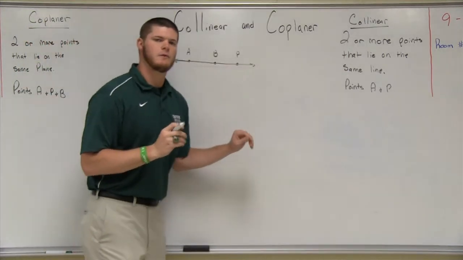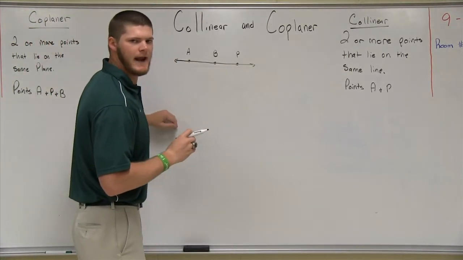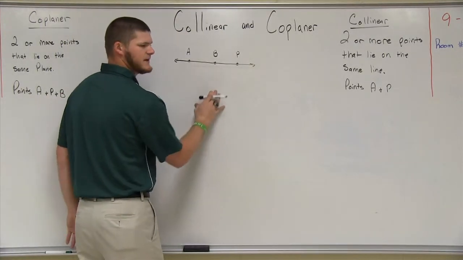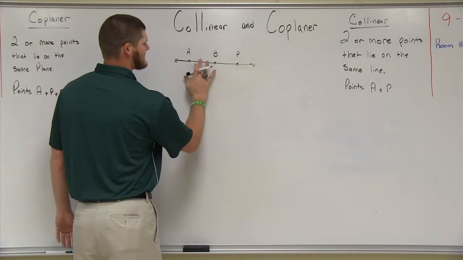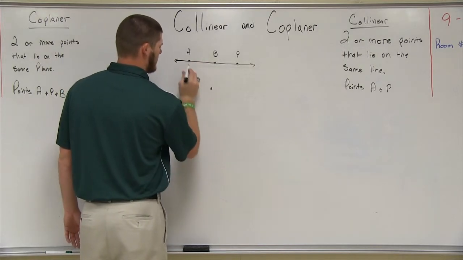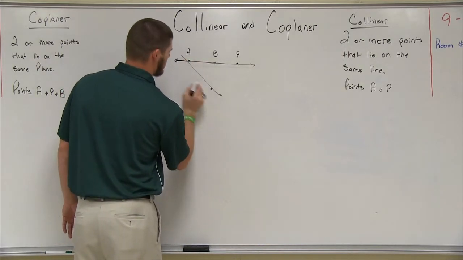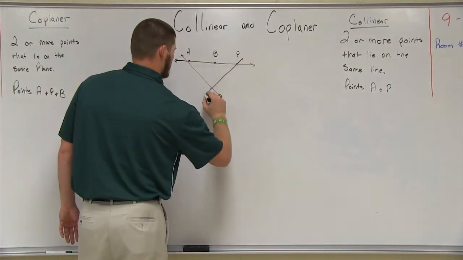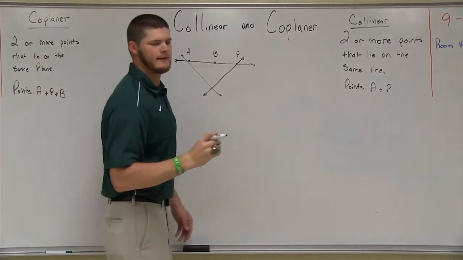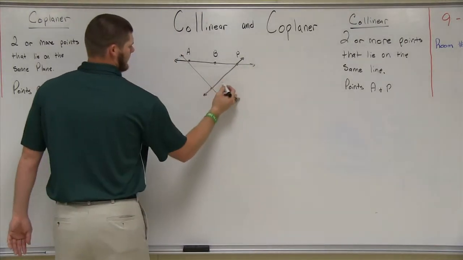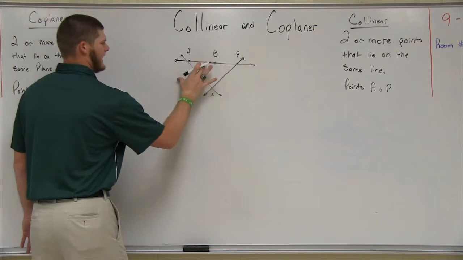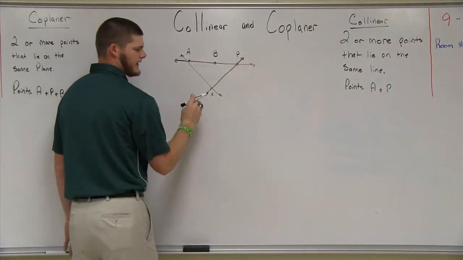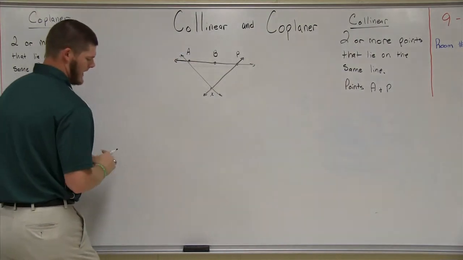So when you are constructing a plane or naming coplanar points, you have to understand that for that plane to exist, it must be at least 3 non-collinear points. If collinear means points that lie on the same line, non-collinear would mean points that do not lie on the same line. So, just for clarification, 3 collinear points cannot make a plane.